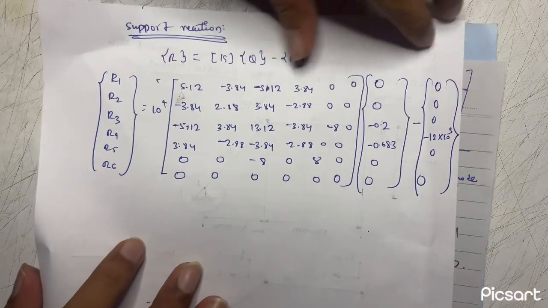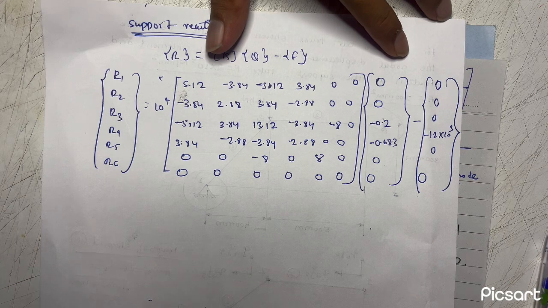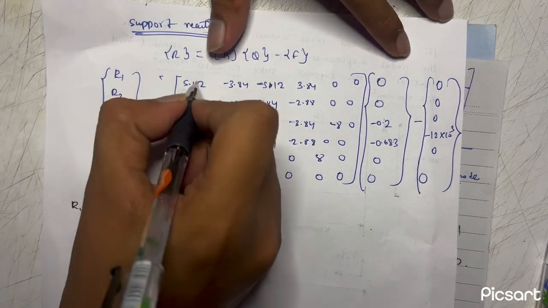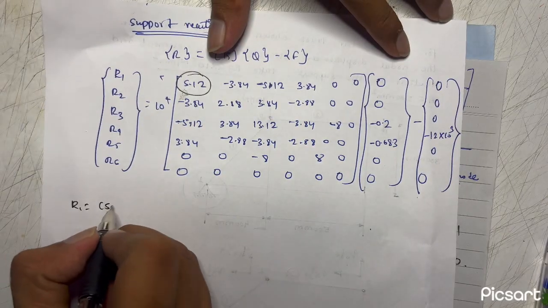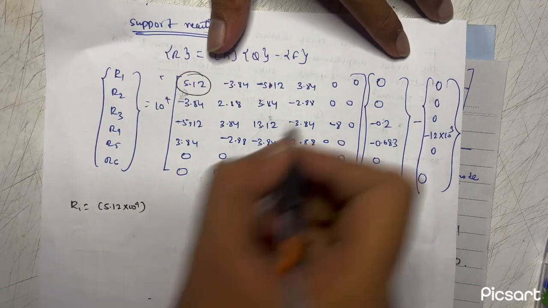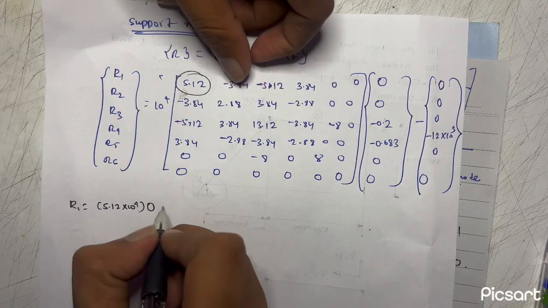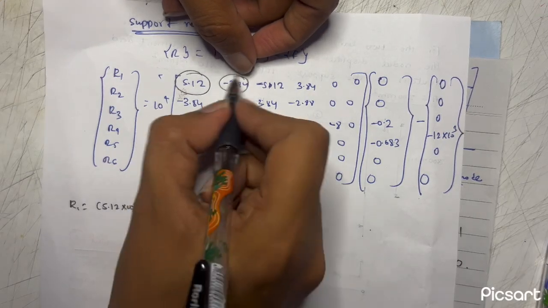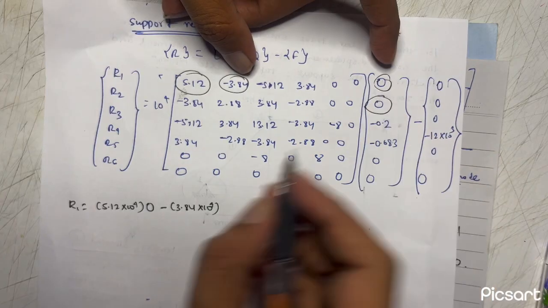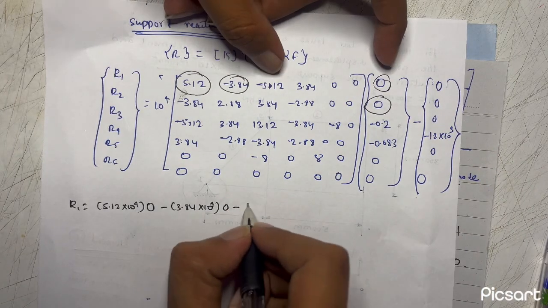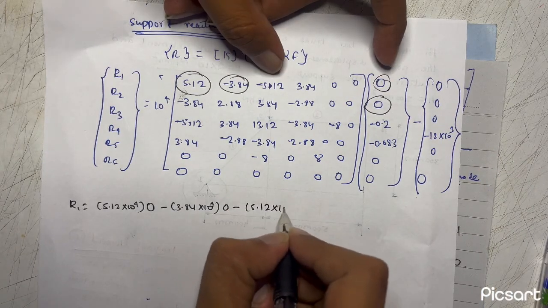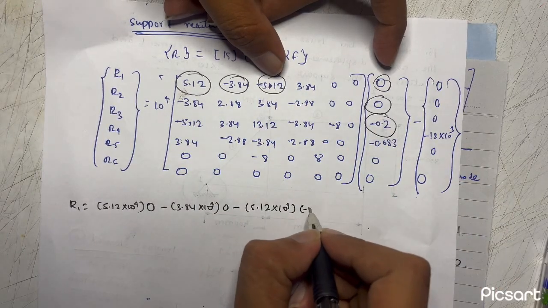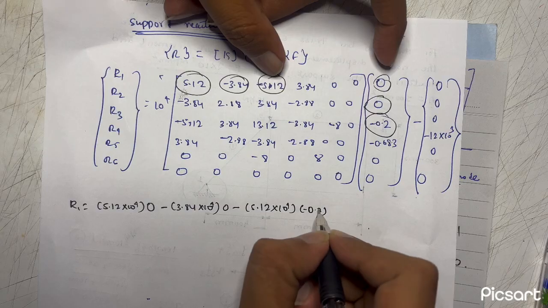Okay, I will show you how to calculate. R1 is equal to first 5.12 into 10 raised to 4, this first value 0, then minus 3.84 into 10 raised to 4, this one, and the second element 0, then minus 5.12 into 10 raised to 4, this is the third one, here we have to multiply with minus 0.2.